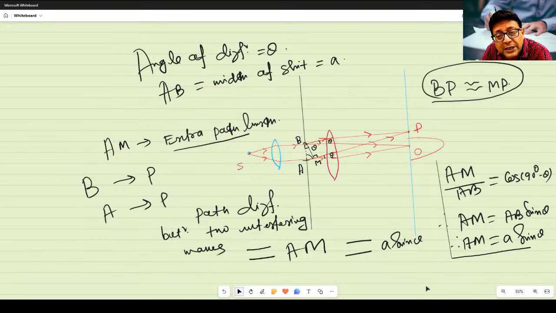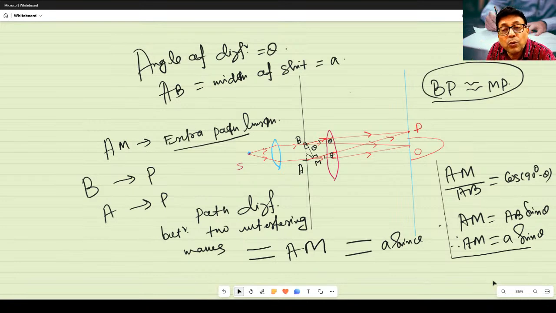In Young's double slit experiment, you have seen that path difference is the major factor in calculating the interference pattern. In diffraction also you consider the interference pattern only. The interference pattern is produced by light waves from the point A and from the point B. You can ask me a question, why not a point a little bit above A or a point a little bit below B? Yes, that is also possible.